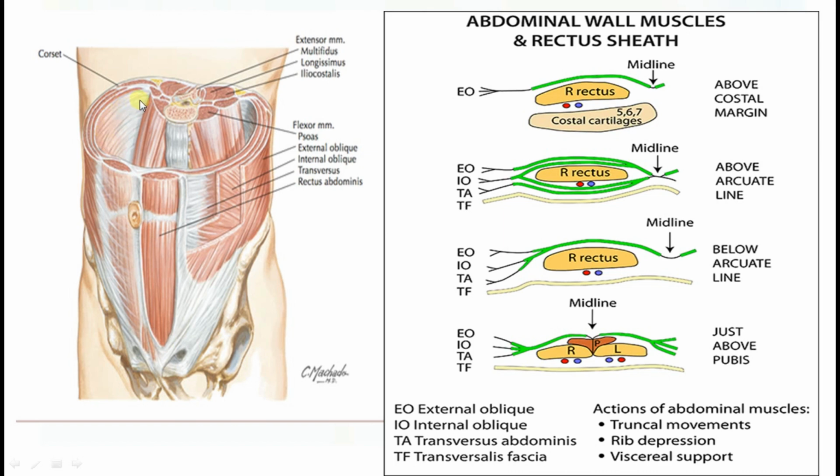Okay, the fascia transversalis. If you remember, in my external oblique aponeurosis and anterior abdominal wall class, I would have described the fascia transversalis. It is continuous with the anterior layer of thoracolumbar fascia, and the more medially you come, it will merge with the renal fascia.